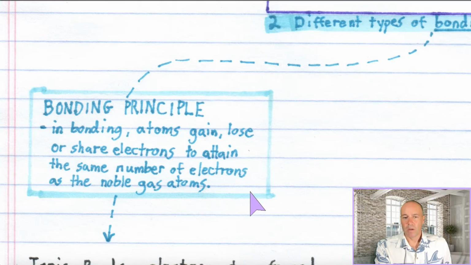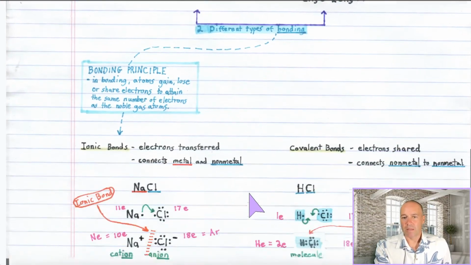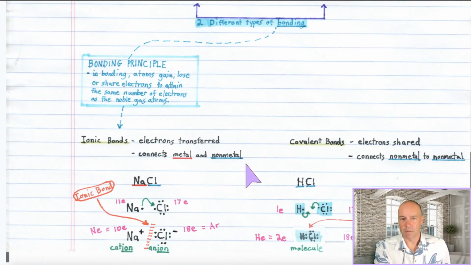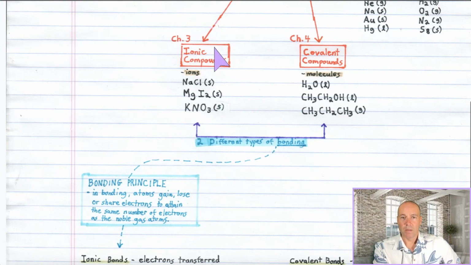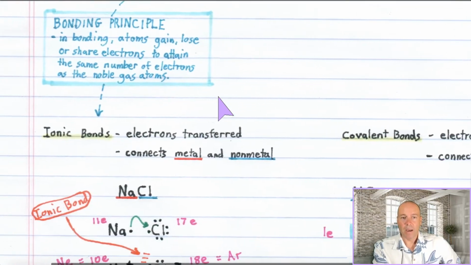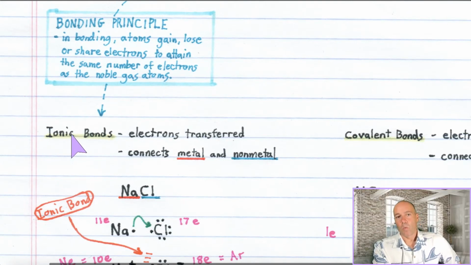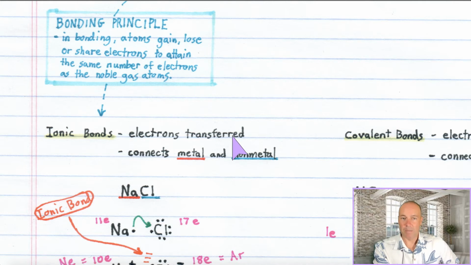I think we'll better understand it by looking at a couple of examples. First, let's discuss ionic bonds, which hold the elements together in ionic compounds. Ionic bonds are when electrons are transferred from one atom to another.